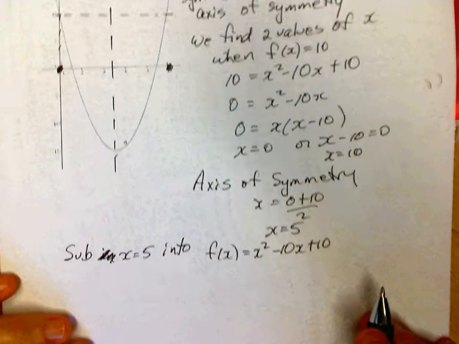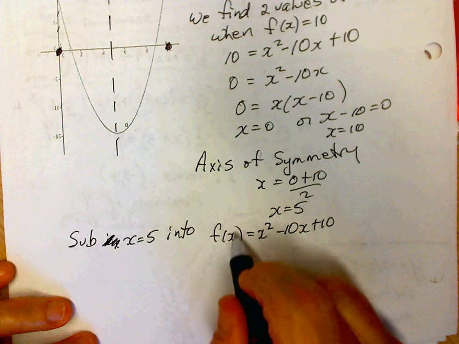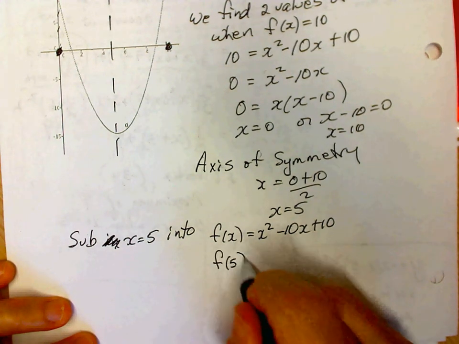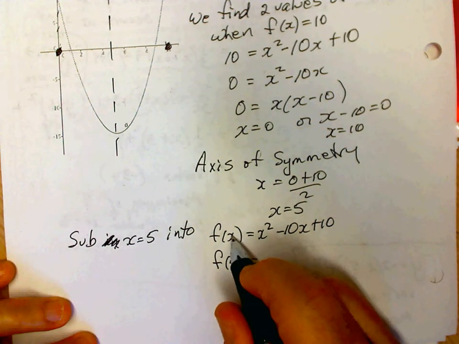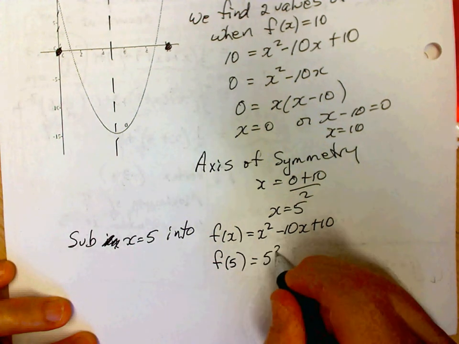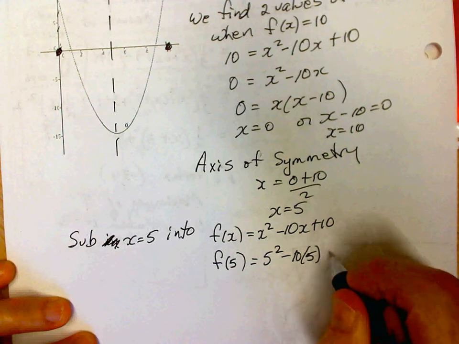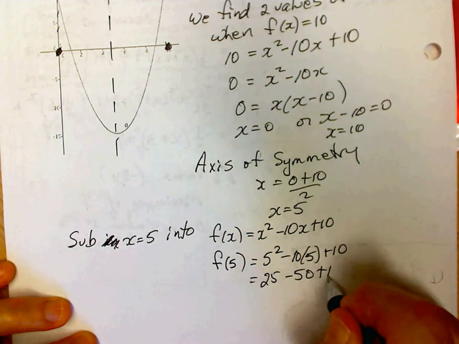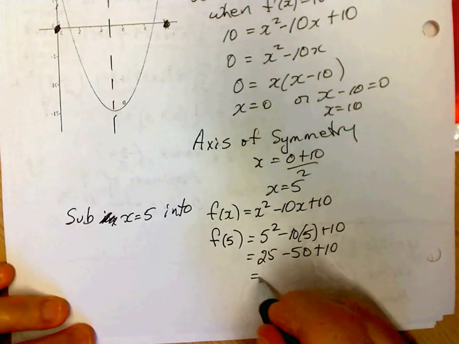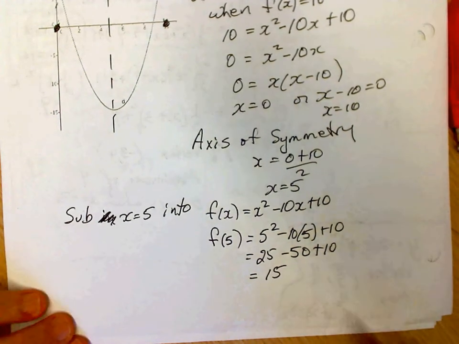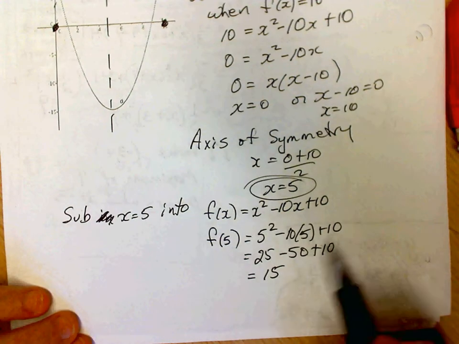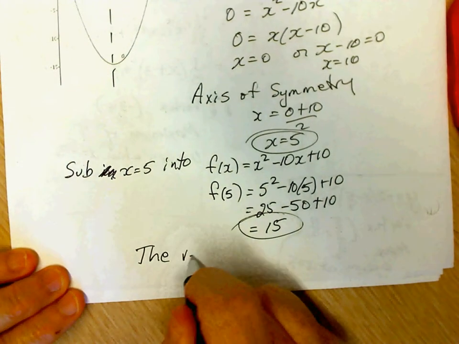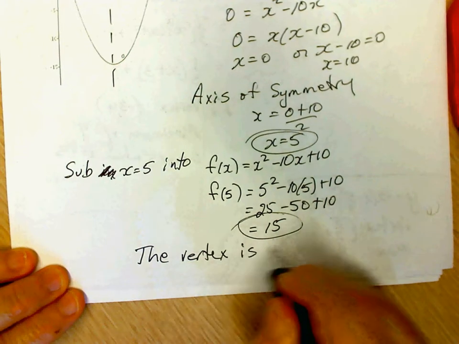This is another way to write y, but if I write f at 5, all that means is wherever there's an x, plug in a 5. 5 squared, so that's 25 minus 50 plus 10, and that equals 15. So there's my x coordinate of the vertex, there's my y coordinate of the vertex. The vertex is 5 comma negative 15.